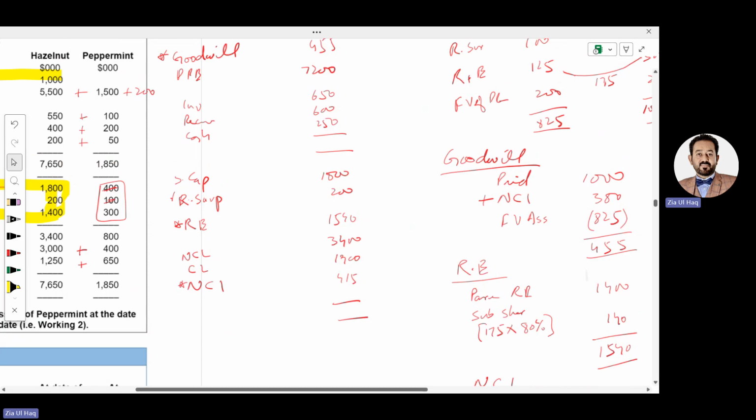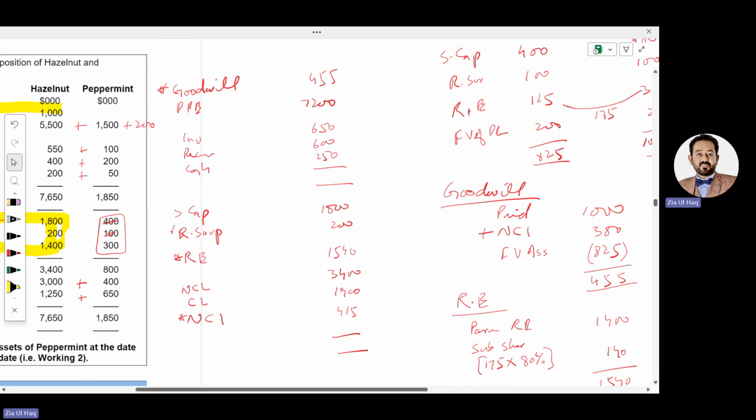Can you check if the total is the same, tally on both sides? This is coming to 9155. 300 plus 200 plus 1540 plus 3400 plus 1900 plus 415 is 9255.